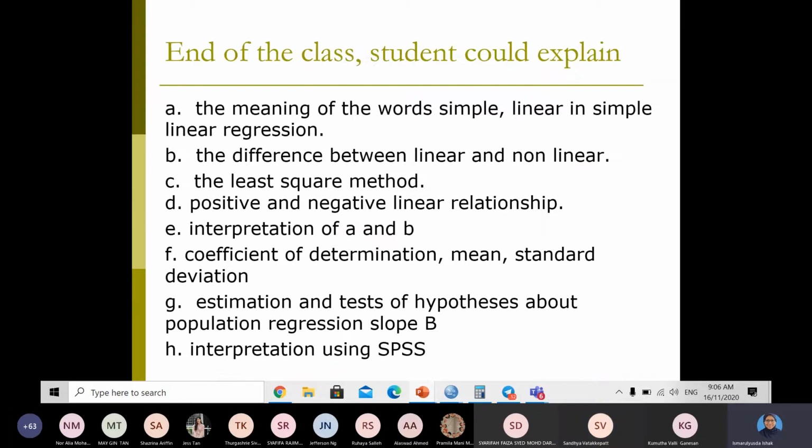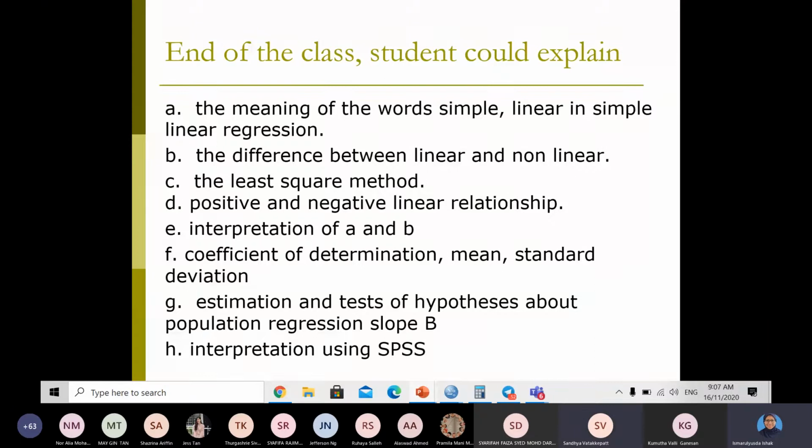At the end of the class, you could explain from these lectures the meaning of the word simple, linear, and in simple linear regression, what is the difference between linear and nonlinear?